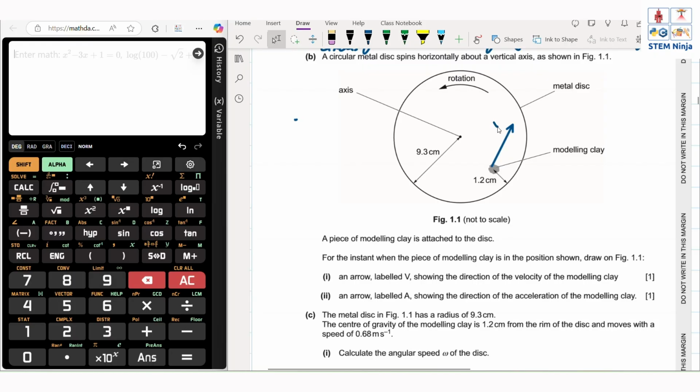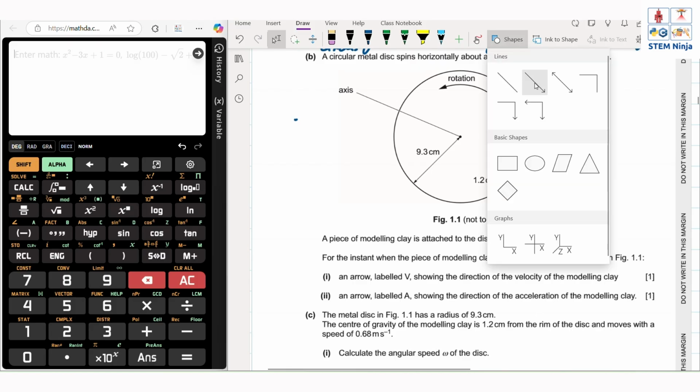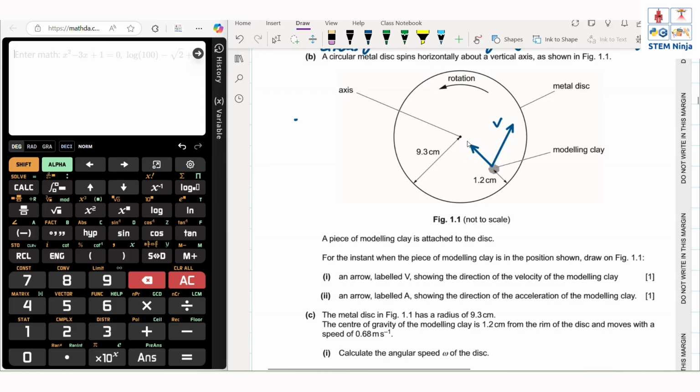This is your V. And showing the acceleration, acceleration is always perpendicular and directed towards the center. So this is your A. Let's make it slightly perpendicular.